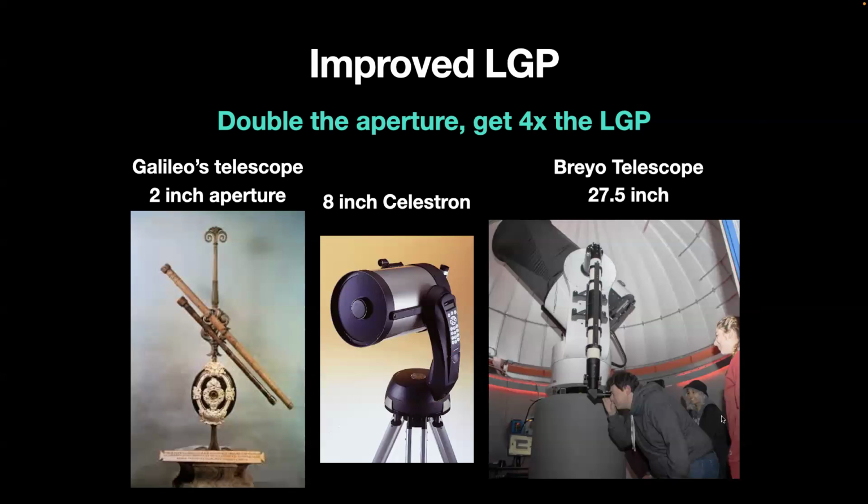The Braille telescope, which was many, many thousands of dollars, is on the roof of Roger Bacon Hall. This is a 27.5-inch telescope. So you can imagine how much different the light gathering power is from a 2-inch telescope to an 8-inch telescope to a 27-inch telescope.